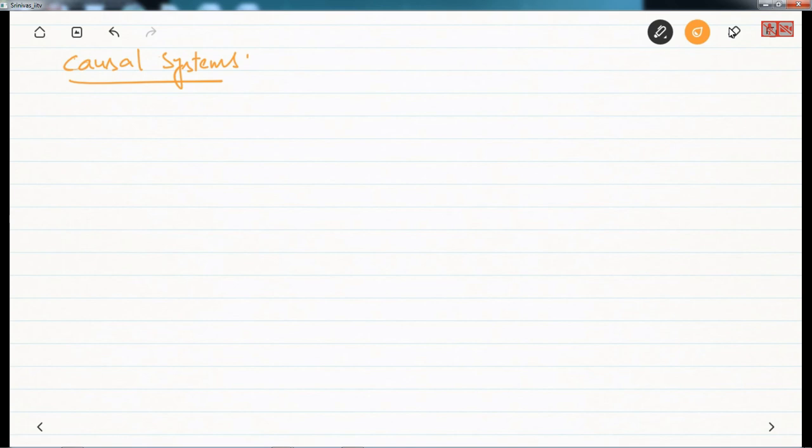To say in other words, the output should depend on the present and or the past inputs, not on the future inputs. Such a system is called causal.